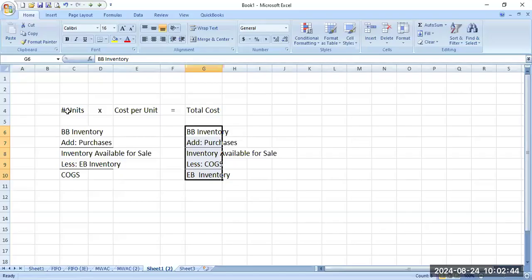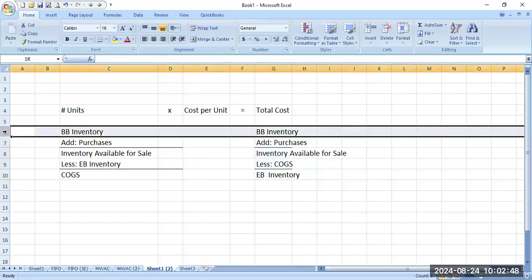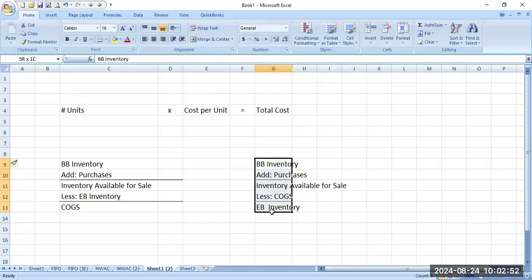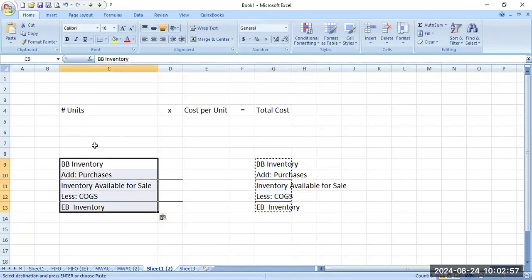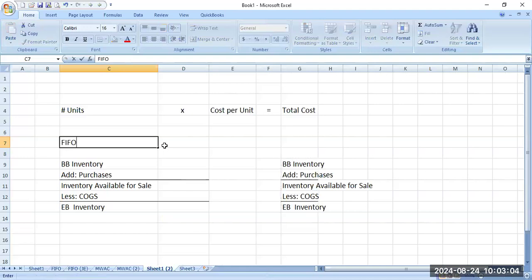Let's use this calculation, and let's label it. This one will be for our calculation of cost of goods sold. I'm going to copy this. Under this calculation, we're going to use the first in, first out method. For this calculation, we're going to use the moving weighted average cost.